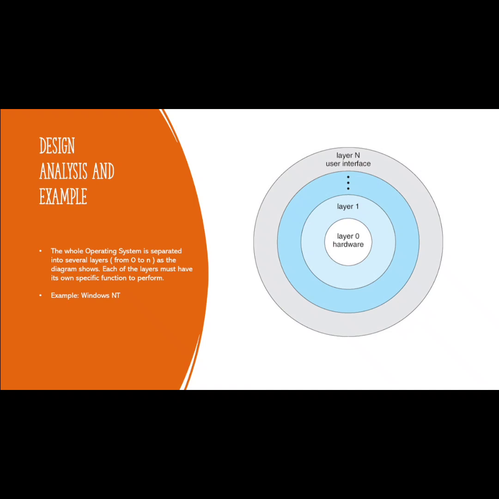And lastly, a particular layer can access all the layers present below it, but it cannot access the layers above it. That is, layer n minus 1 can access all the layers from n minus 2 to 0, but it cannot access the nth layer.